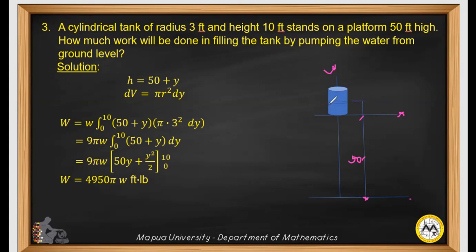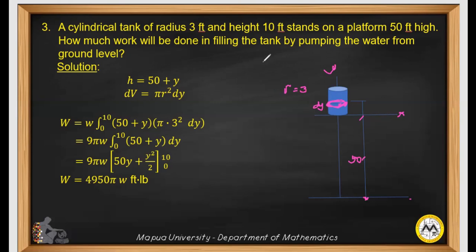Now, if this is the element, of course, this is a circular element, with the thickness dy, the differential of y, and the radius is equal to 3 feet. All throughout the radius is 3 feet since this is a cylindrical tank.